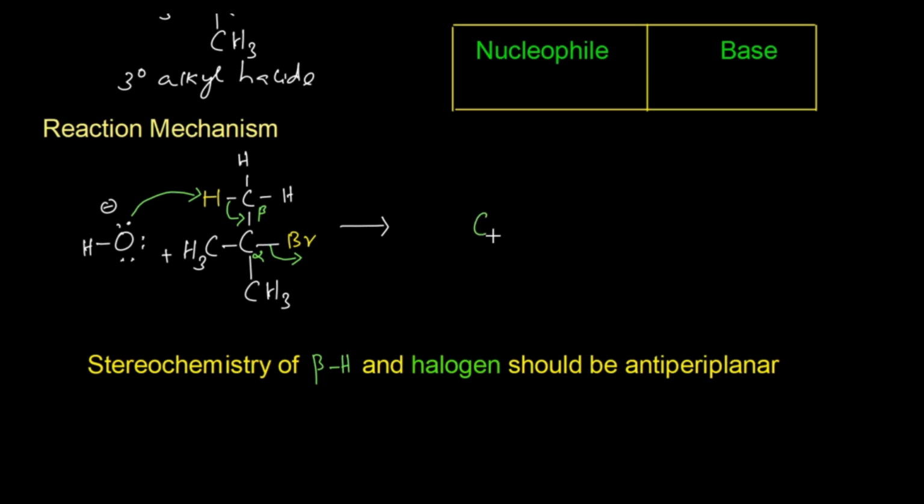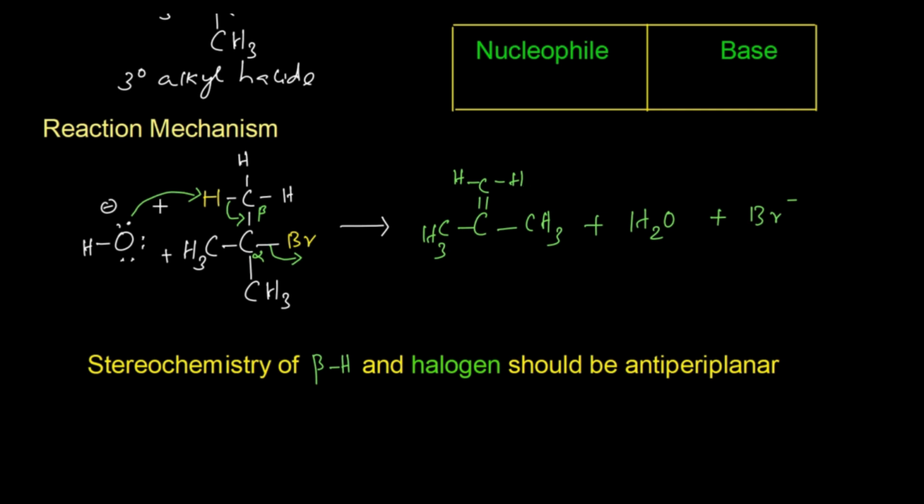We will get this carbon connected with a double bond, this is CH2, and these are the CH3, plus H2O plus Br minus. So like this it is getting formed.